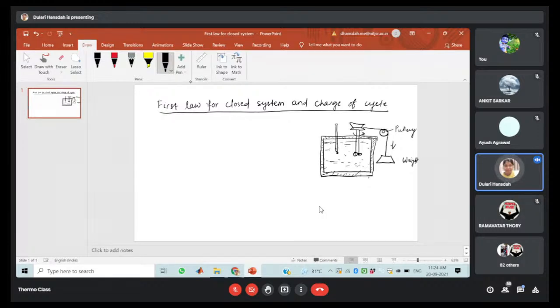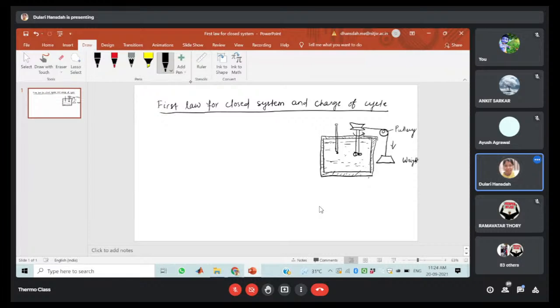So there is no heat transfer from the surrounding to the system or from the system to the surrounding. Okay, so suppose we are putting one thermometer here. Initially we will put some weight here.